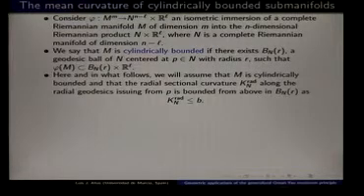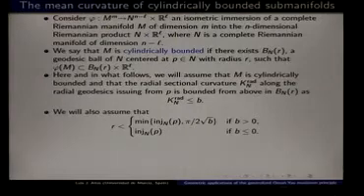Here and in what follows, we will assume that M is cylindrically bounded and that the radial sectional curvature of the ambient space along the radial geodesics issuing from the center of the geodesic ball containing the projection of the immersion is bounded from above by a number B. We will also assume that the radius of the geodesic ball is less than this quantity if B is positive and this quantity if B is non-positive, as usual.